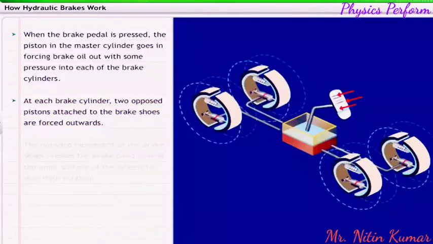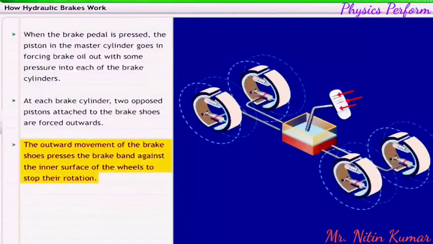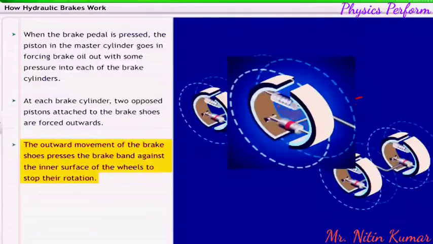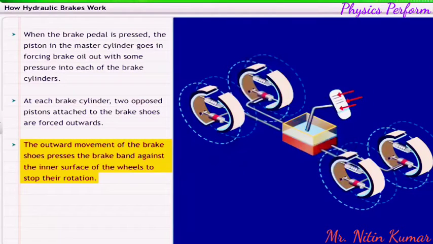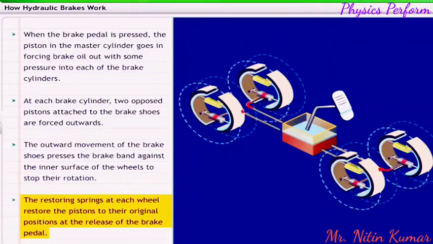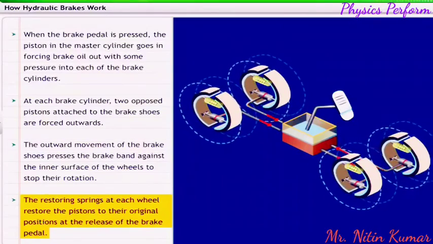The outward movement of brake shoes presses the brake bands against the inner surfaces of the wheels to stop their rotation. When the brake pedal is released, the restoring springs at each wheel restore the pistons to their original positions.